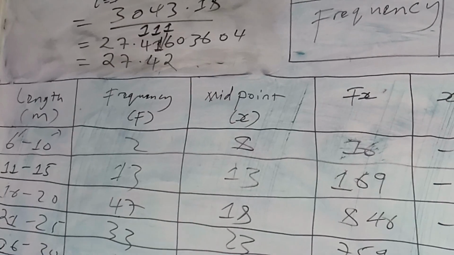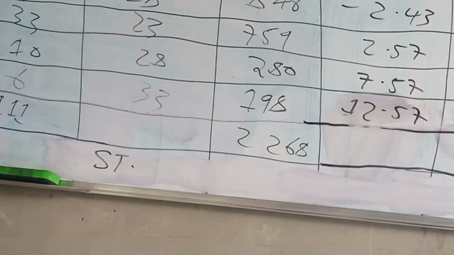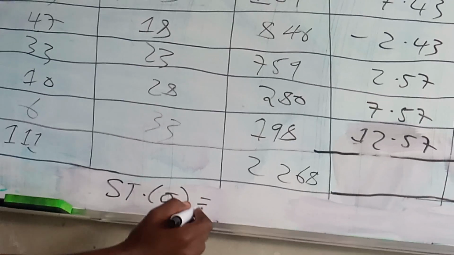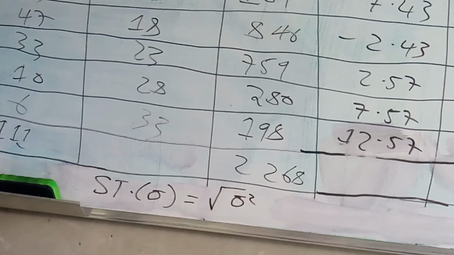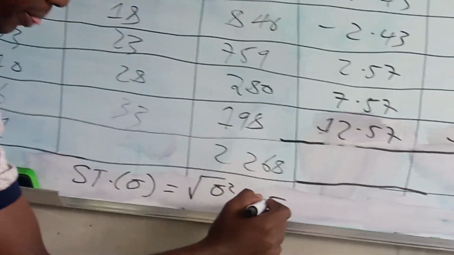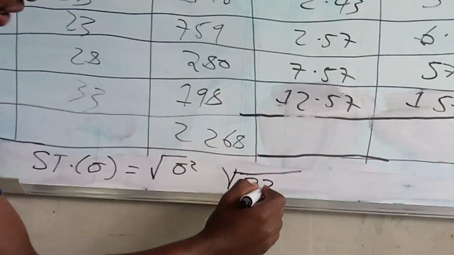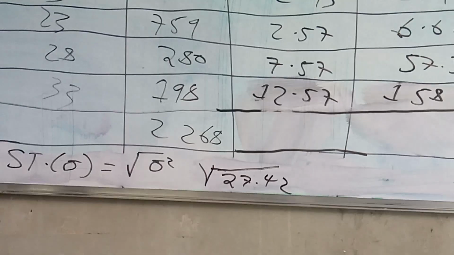If I round off to 2 decimal places, I'm going to have 27.42. The last thing is to calculate the standard deviation. I will say SD, which is represented by this symbol, is equal to the square root of the variance. I know that my variance is 27.42.